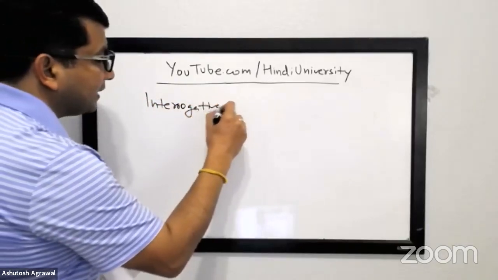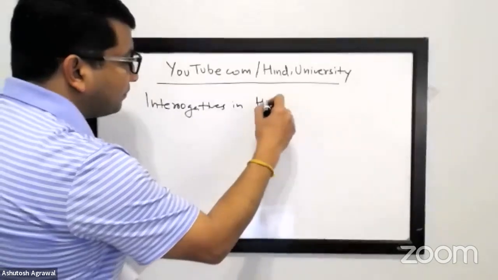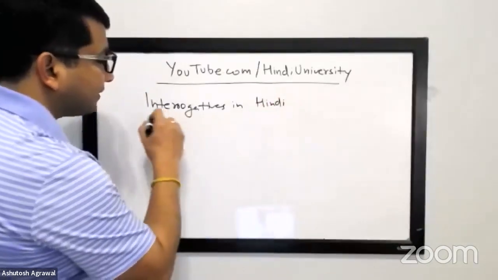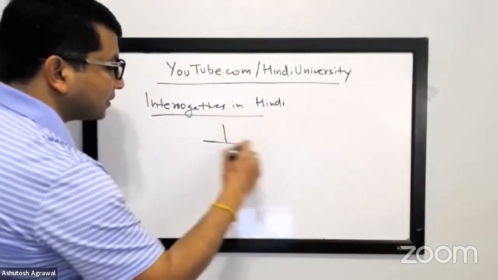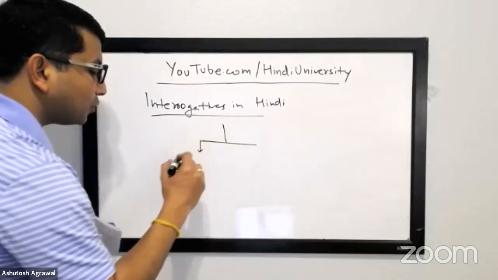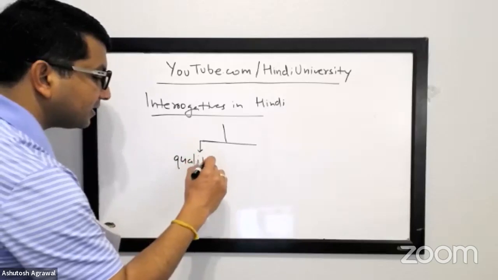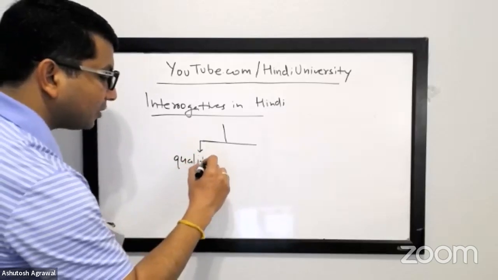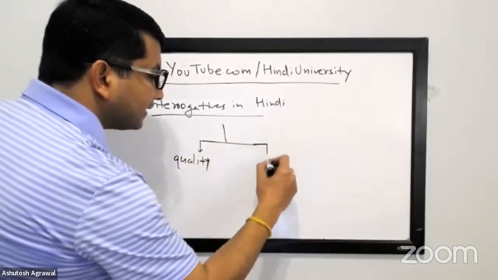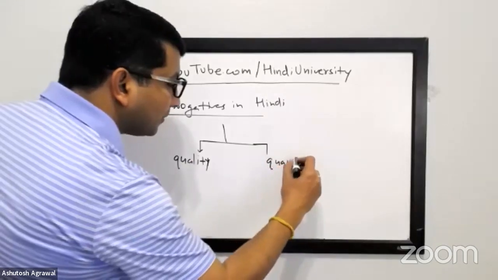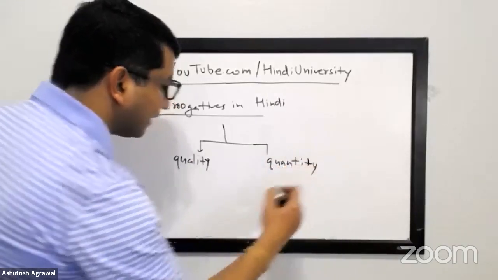In this chapter he covers two interrogatives. The first is if you want to inquire about the quality of the noun, and the second is if you want to inquire about the quantity of the noun.